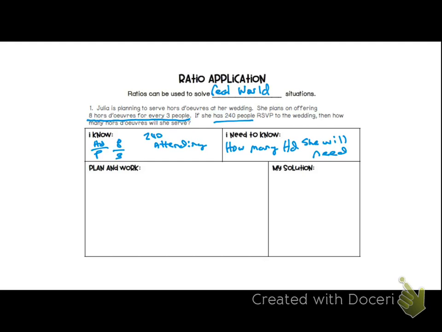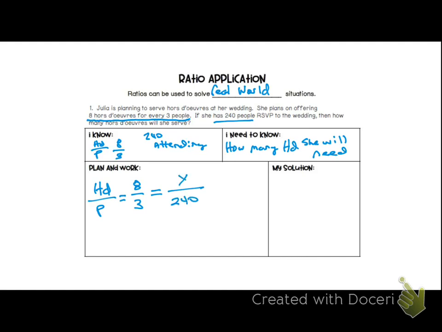So we're going to set up a label ratio, a given ratio, and an unknown ratio. Here's our label. I've already written it once. Hors d'oeuvres to people. The given: 8 to 3. And then what we also know is that for the wedding, 240 people will be coming.